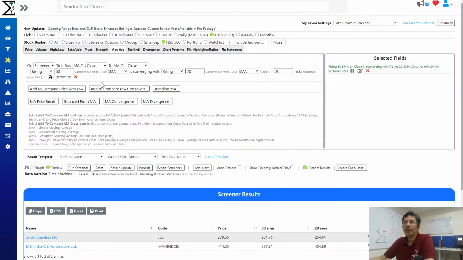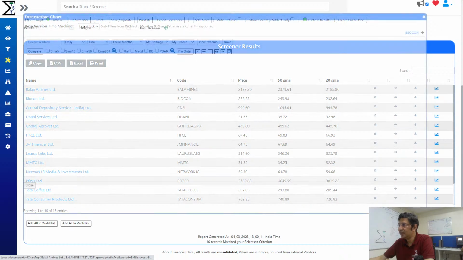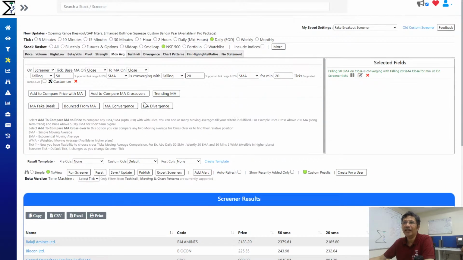So similarly, what you can do is change it to a falling 20 moving average converging with a falling 50-day moving average. Okay. This is where a smaller moving average is converging towards a larger moving average, or rather rising is better, right?